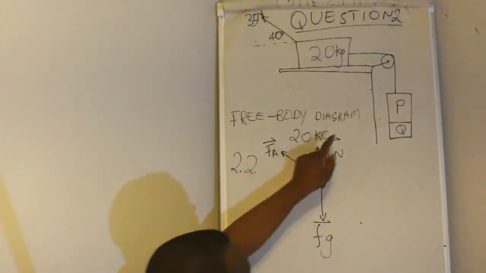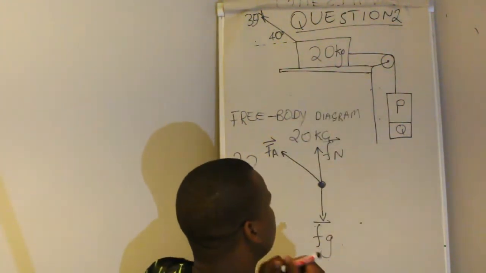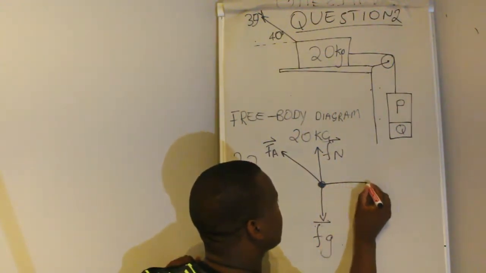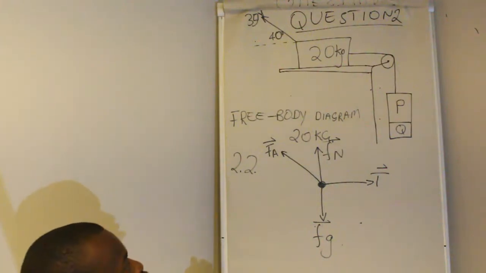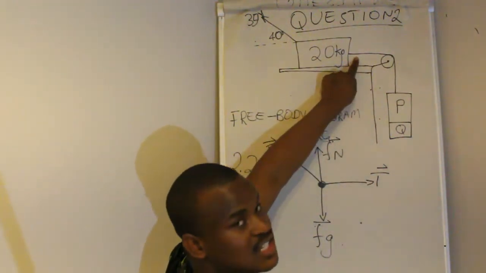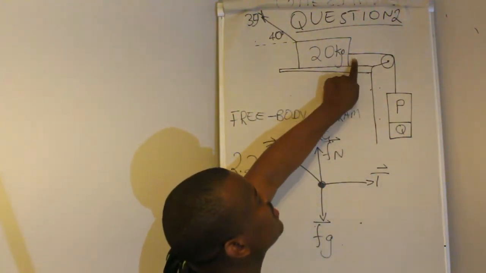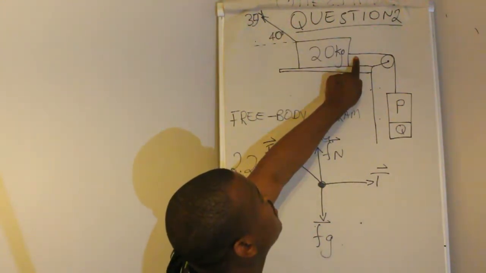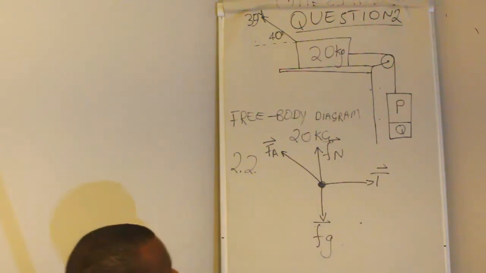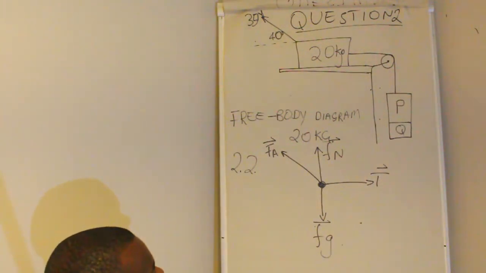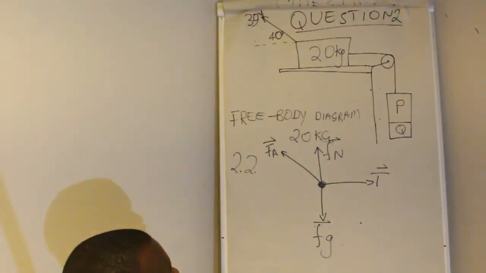What is the next one? The next one is the tension force. This is the force that is caused by the rope, which is pulled by these guys, mass P and Q. And then the last one is the frictional force of 5 newtons that we were told.